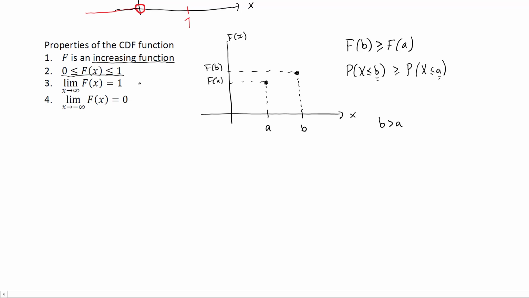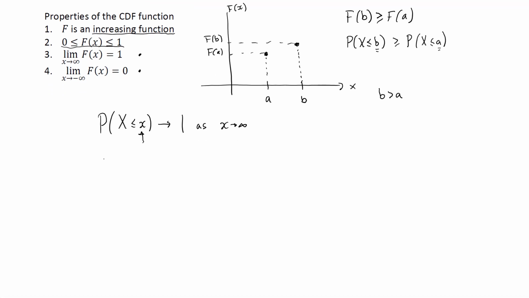The third one says that when x goes to infinity, then F of x must go to 1. We can write this in the following way. The probability that X is less than or equal to x must go to 1 as x goes to infinity. And if you think about that, if you put in here a very, very large number, then the probability that X will take a number less than or equal to that must eventually converge to 1. On the other side, the limit when x goes to minus infinity must be 0.